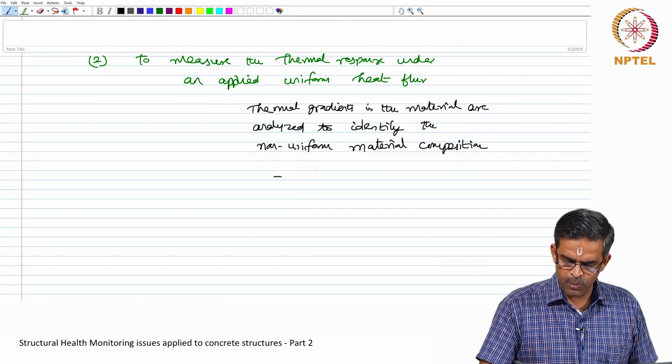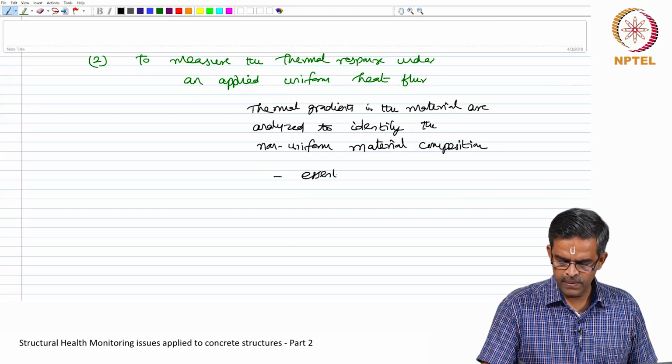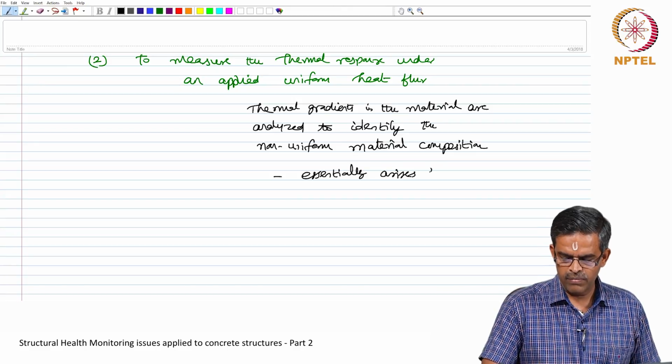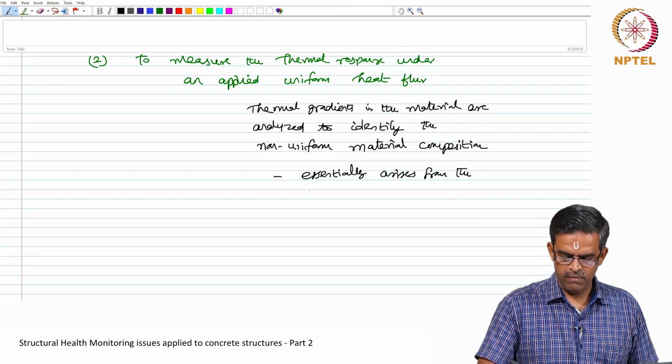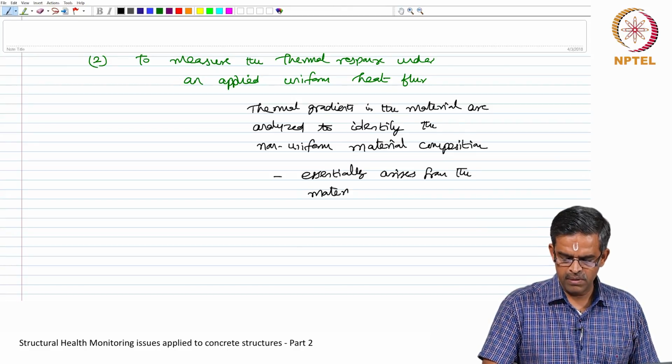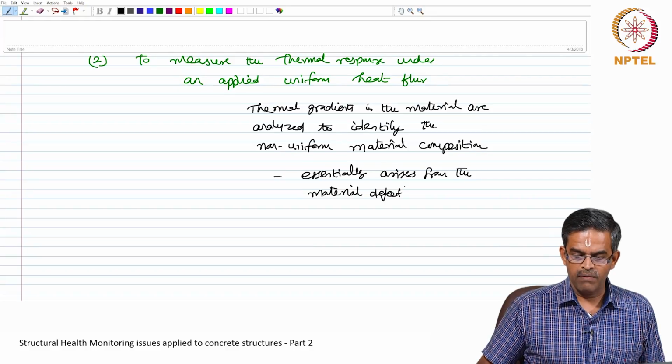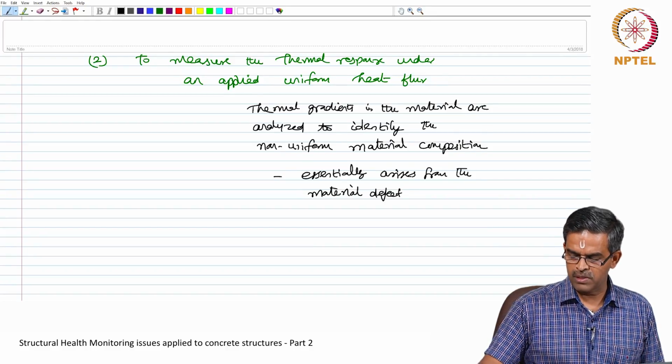The non-uniform composition essentially arise from the material defect, which can be then characterized. There is another method which can be useful in large volume concrete structures.